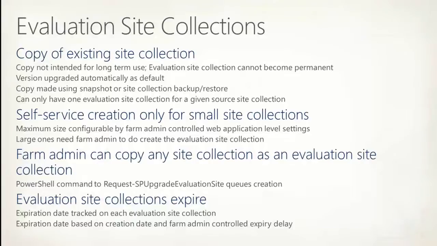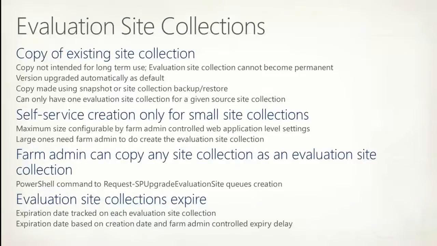So instead, because we have this complete copy, this whole new site collection, we don't want people to use that one because it really is a complete copy, but it's not going to be there forever. It's just an evaluation. We considered things like, well, what if we made the site collection read-only? But how valuable really is it if I give you a preview and you can't actually do anything there?